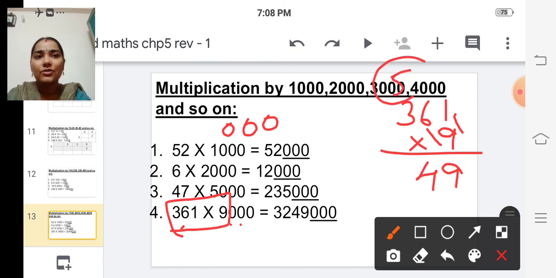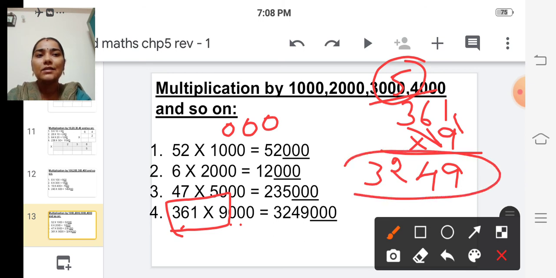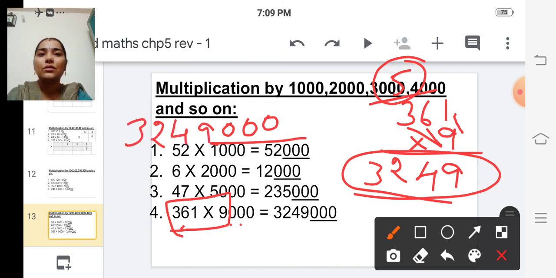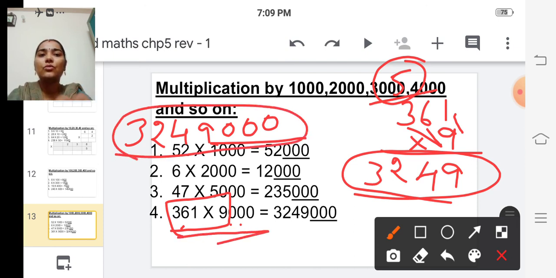Carry over 5 to the next place. And now multiply 9 threes are 27. 27 plus 5 is 32. So we write this number before these three zeros. Okay. So 3, 2, 4, 9. So this is the product of 361 into 9,000.